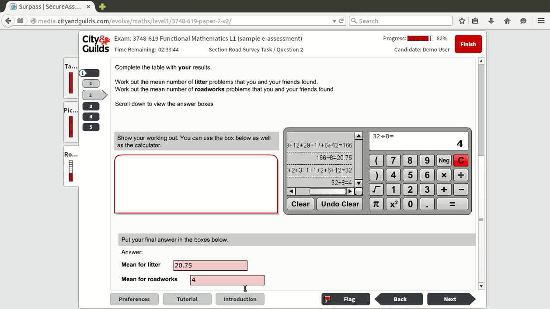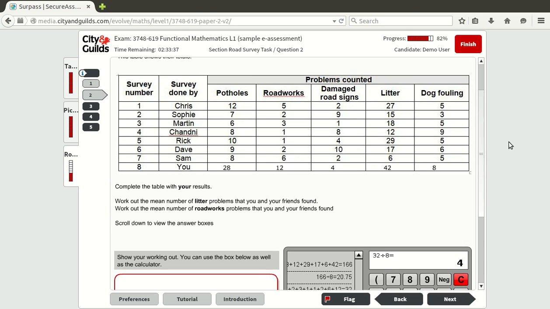So those would be our answers for the mean, for the litter and the roadworks. Right, so now I'm moving on.